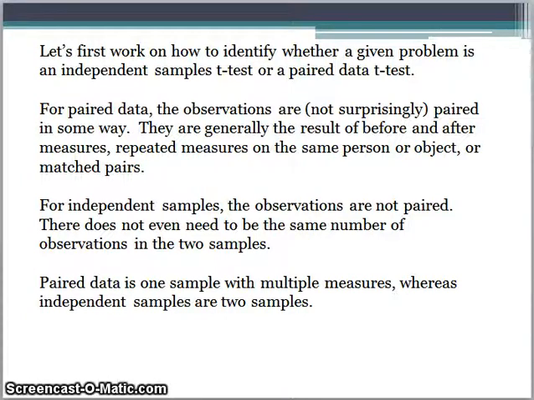For independent samples, the observations are not paired in any way. You don't even have to have the same number of observations in the two samples, just like we saw with one of the examples before, where we had people drop out of one of the groups. But paired data really boils down to one sample that has multiple measures, compared to independent samples, which are really two different samples.